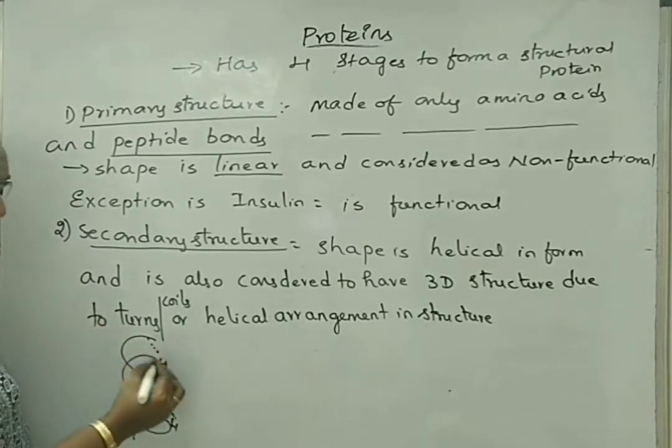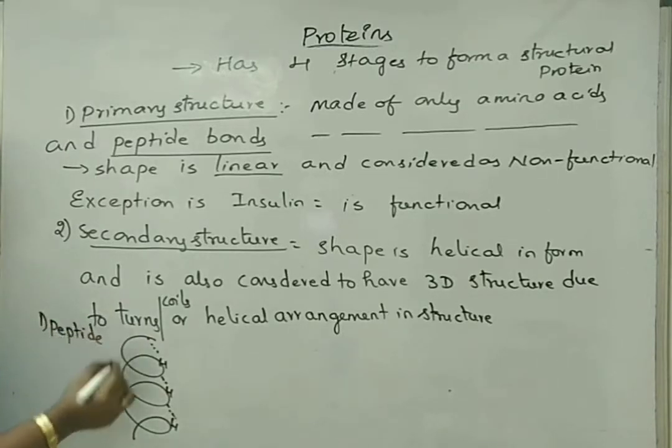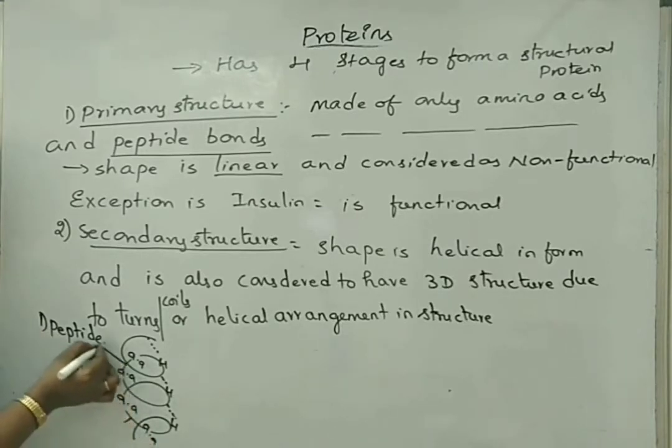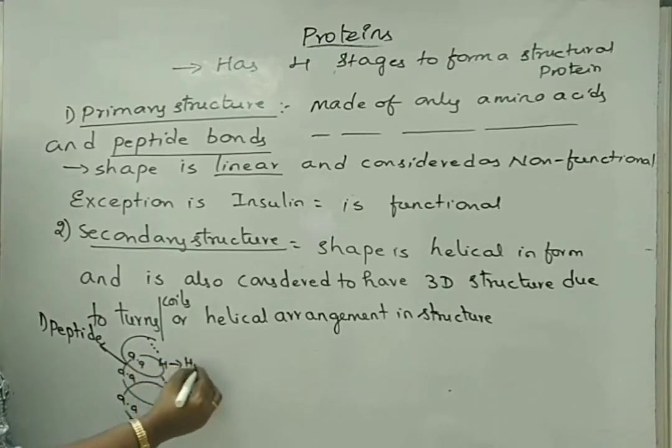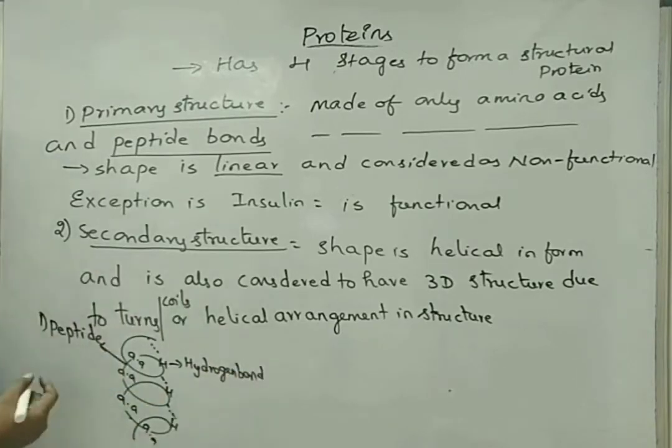So how many types of bonds are there now? One is the peptide bond between the amino acids. If you take two amino acids, one here and one here, formed into coil-like structures, we call this the peptide bond. Another type of bond is the hydrogen bond.